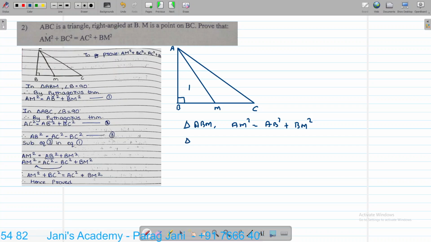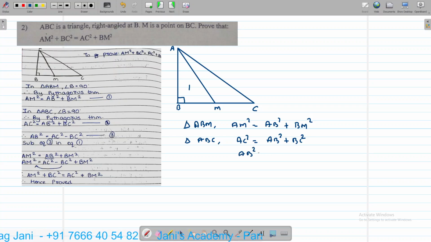Now you have to go with the bigger triangle, triangle ABC. Here AC square is equal to AB square plus BC square. I'll move BC square to the other side, so AB square is equal to AC square minus BC square.